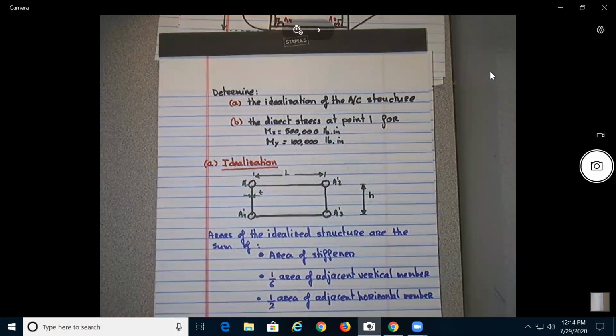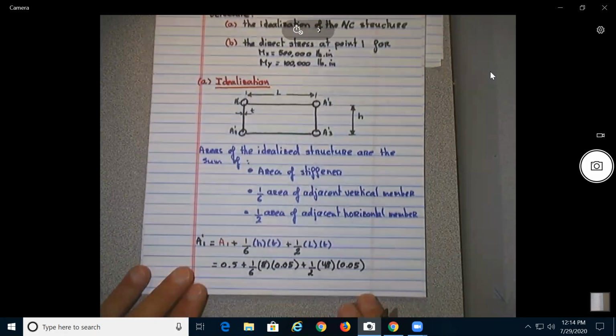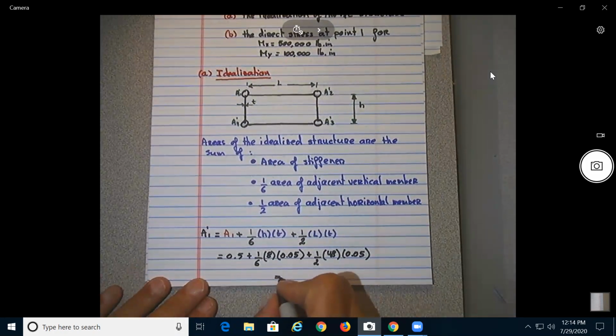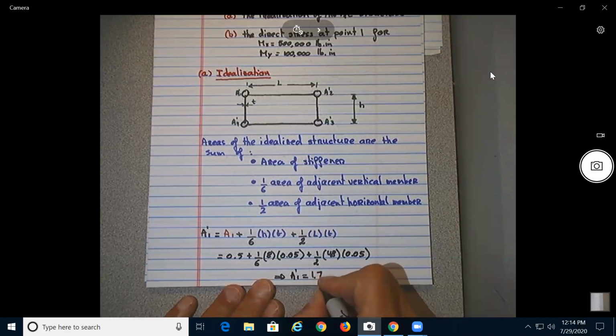T is 0.05 plus 1/2 of 48 inches times 0.05. And if we do this calculation, we find that A prime 1 is equal to 1.767 inch square.